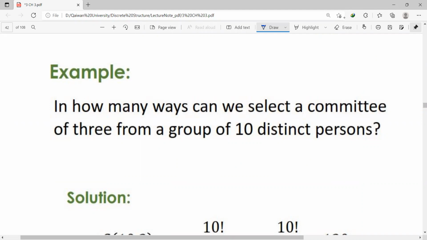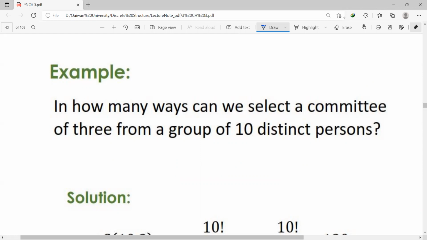In the committee, it's not mentioned to choose, let's say, the chairperson, the secretary, or anything else. That means ordering is not important. It's not important to choose one of them first. We just make a committee of 3 from 10 people.